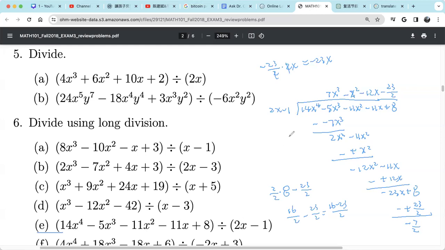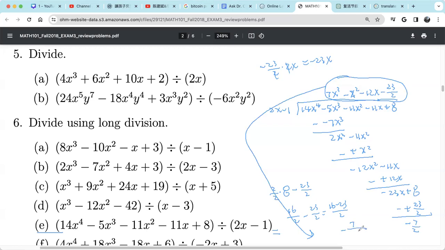So how do we write? We would write equal sign, then write the quotient. This is a quotient. Write the quotient, including fractions. The quotient is 7x cubed minus x squared minus 12x minus 23 over 2. Then minus the remainder. How do we write the remainder?